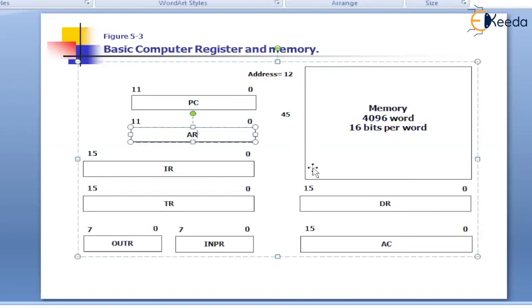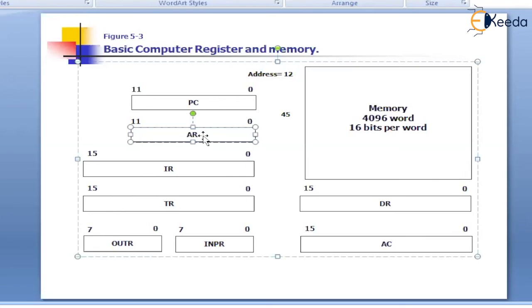This is the address part, this is the data part, right? The address part will be directly connected to the address register. That is the reason why the CPU uses the address register to knock on the door of these addresses. The address register and the address part are both connected. So that is the reason why the CPU uses the address register.